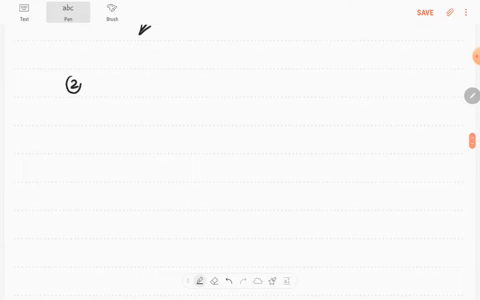Remark 2. If the initial side is here and the terminal side is here, we have two ways to get the same terminal side from the initial side. We can rotate in this way, if this is alpha, and you can also rotate in this way.